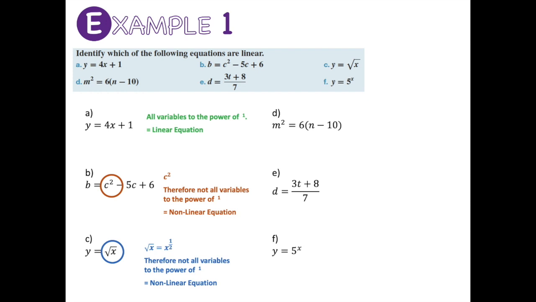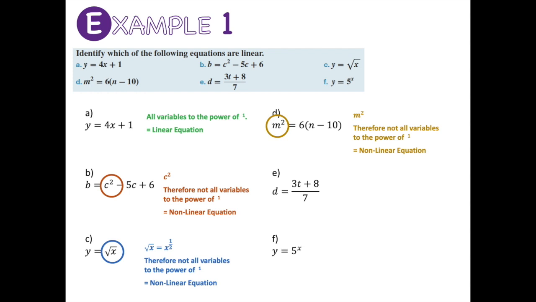Looking at D, m squared equals 6n minus 10. We can see that it has an m to the power of 2, which is greater than a power of 1. So D is also going to be a non-linear equation. For E, we've got d equals 3t plus 8, all divided by 7.